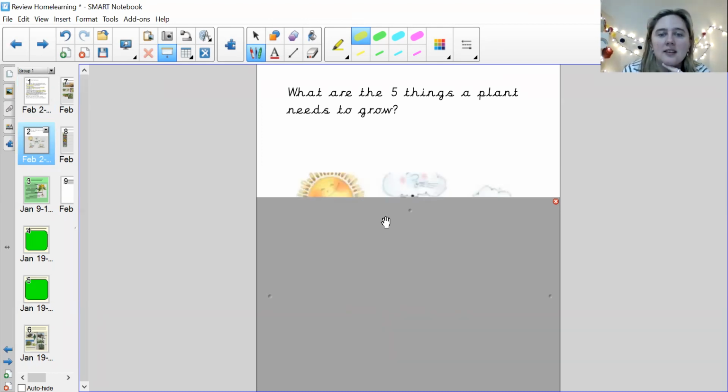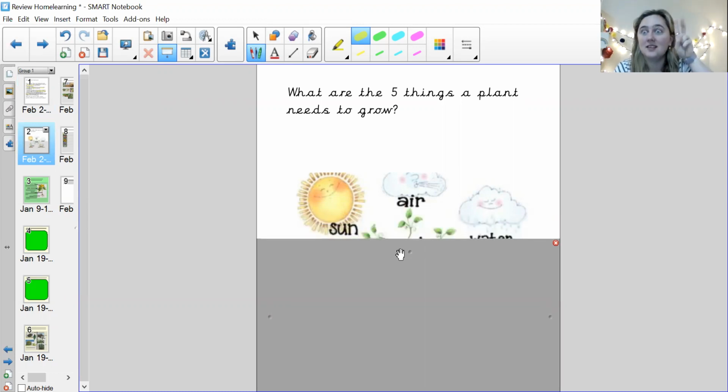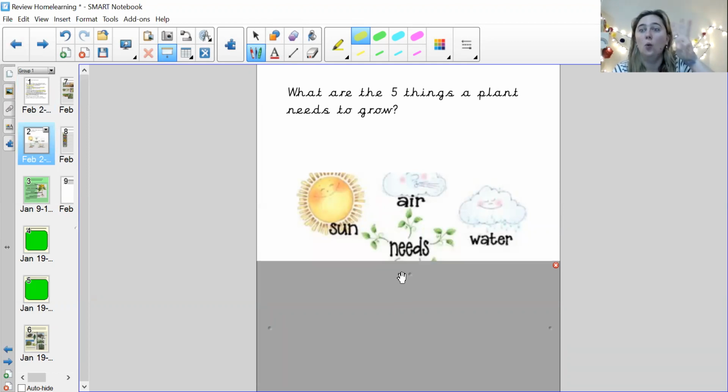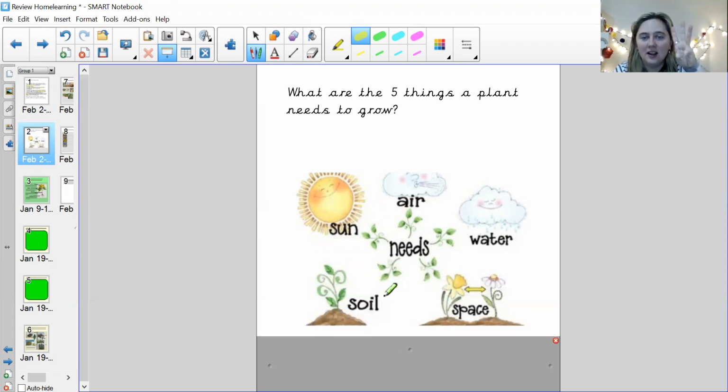Plants need air, sunlight, water, soil, and space. Those are the 5 things. You're going to need this information, so remember them. Air, sunlight, water, soil, and space.